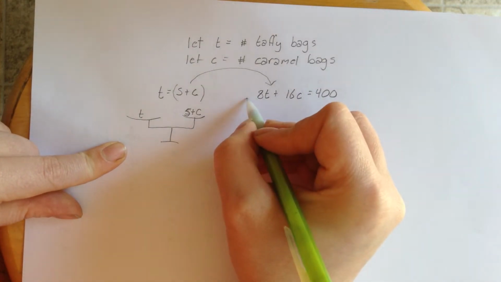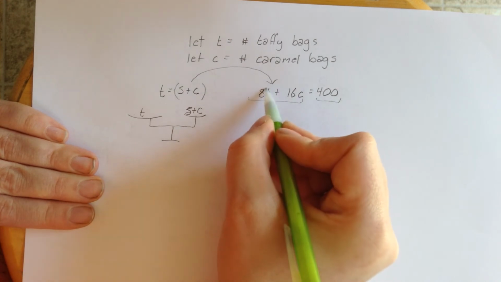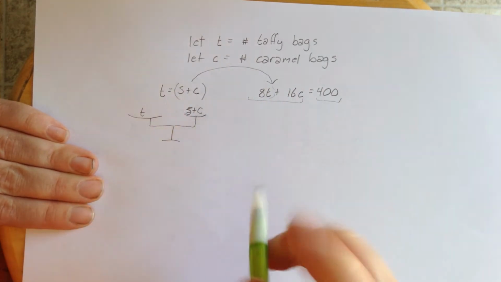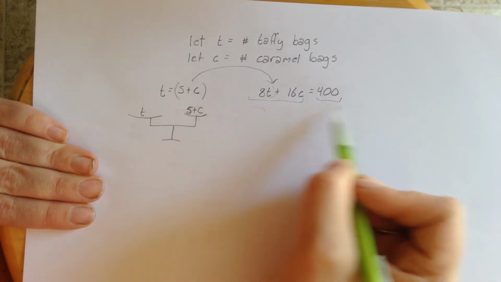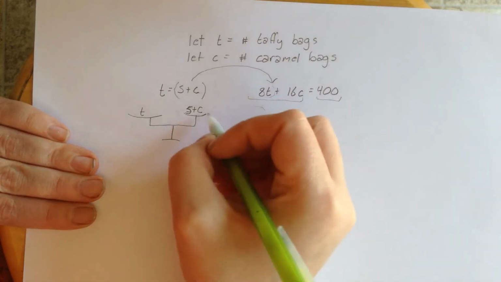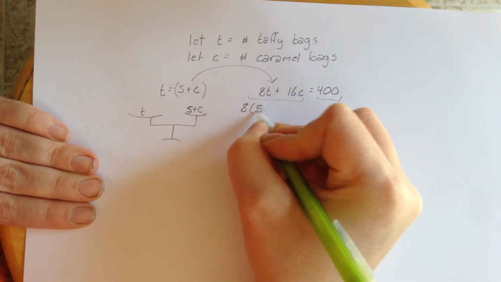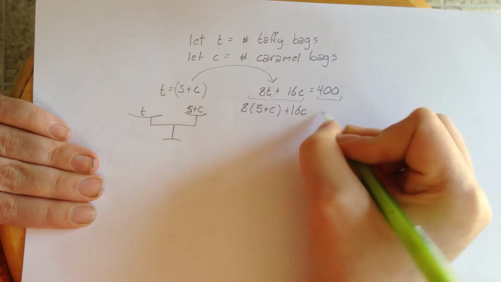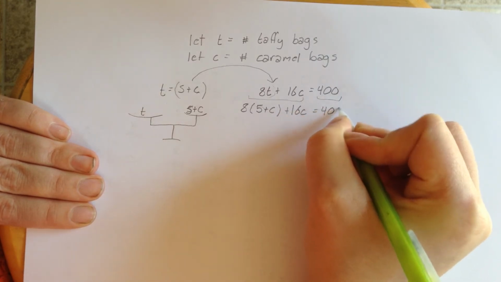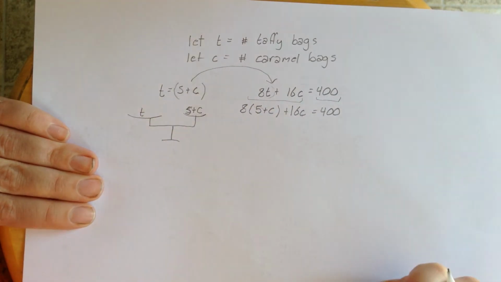So if I substituted my T out for something that sort of weighs the same, my 5 plus C, this scale should stay balanced too. So I'll rewrite this. Now I've got 8, and I'm going to substitute in my 5 plus C plus my 16C equals 400. Now I have an equation with only one variable in it, my C variable.